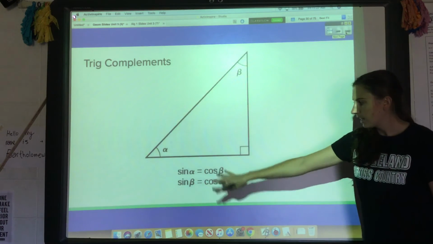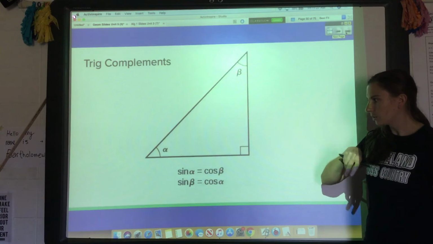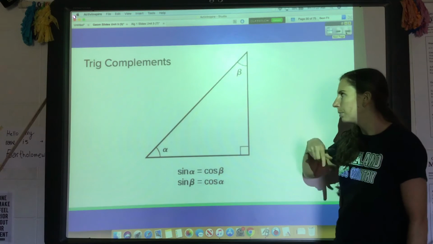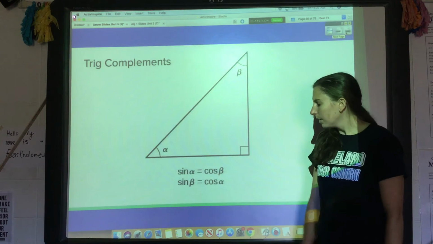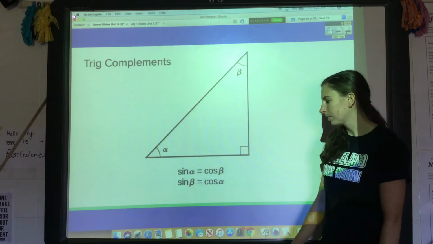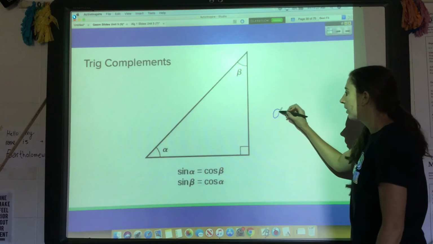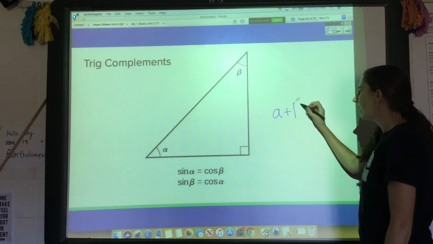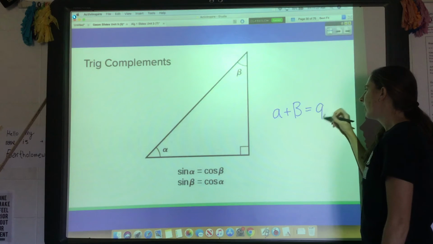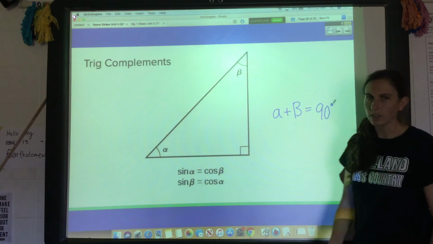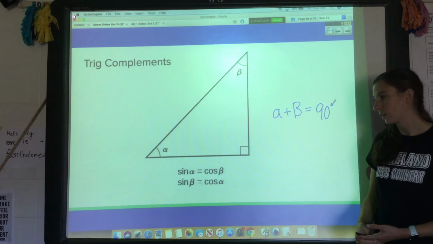So here's that kind of written out if you want to put this in your notes. If this is angle A and that's angle B, the sine of angle A equals the cosine of angle B, or vice versa. Also keep in mind, angle A plus angle B equals 90. This is going to allow us to solve some problems very quickly.